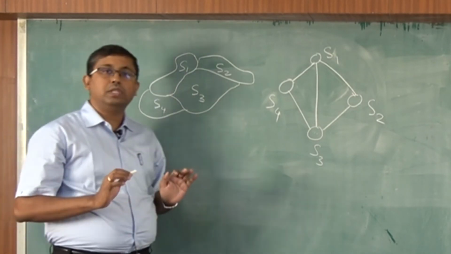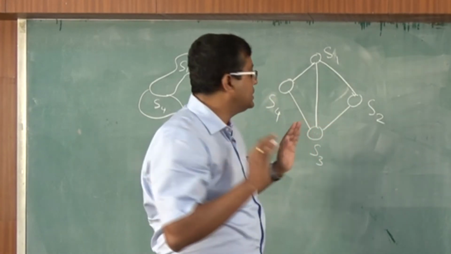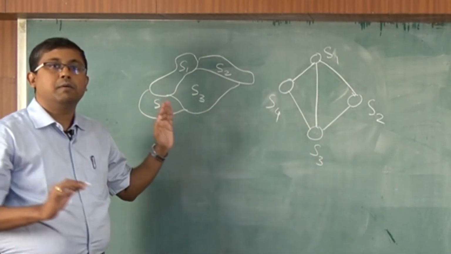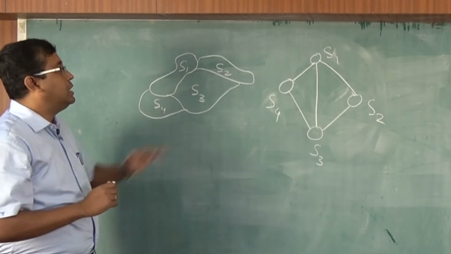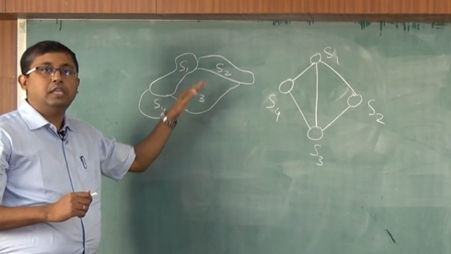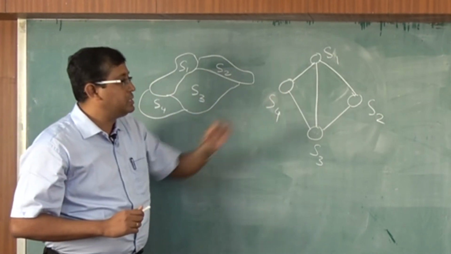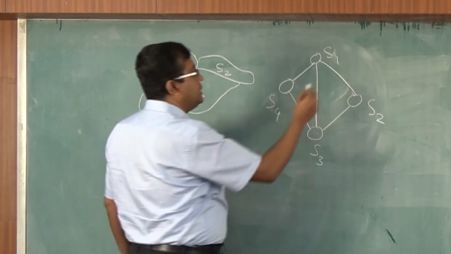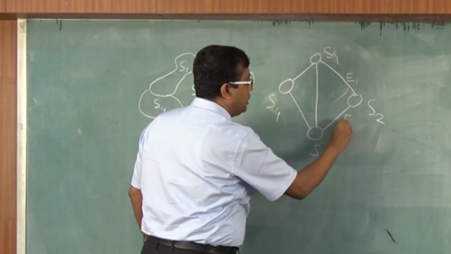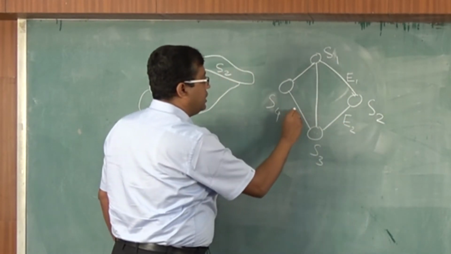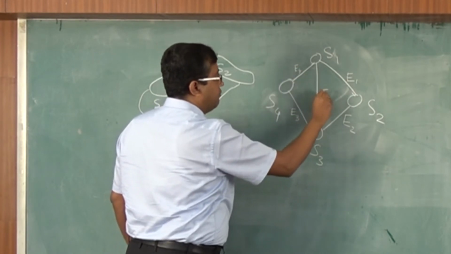So this actually is the graphical representation of the 4 states in a specific country, and the relation between the states in the form of common boundaries they share. Okay, and that is expressed as the edges. So what are the edges like? We can name them E1, E2, E3, E4 and E5.